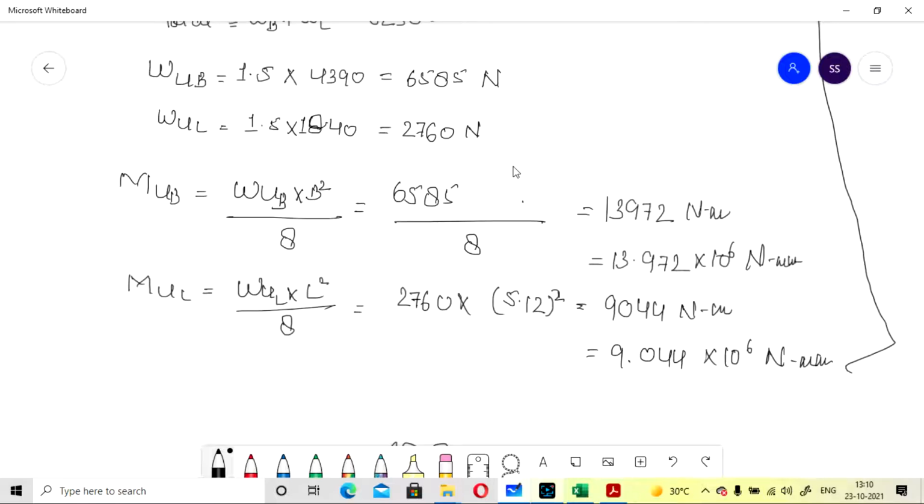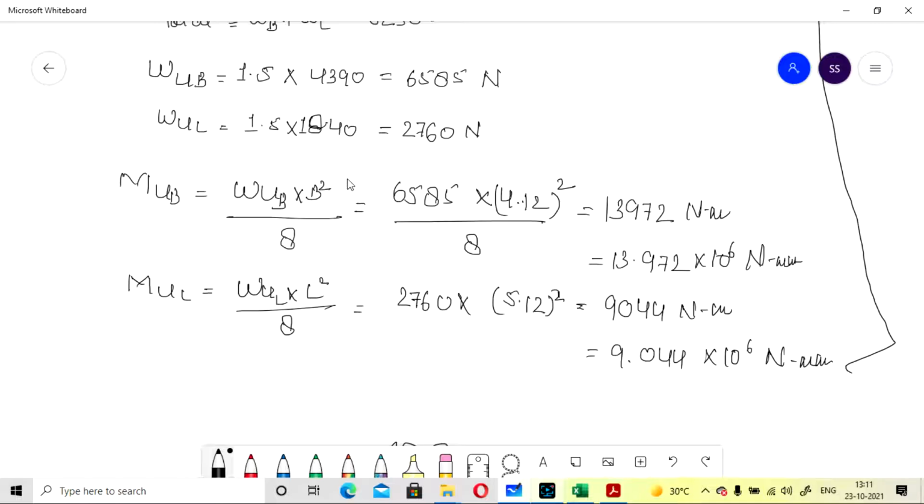So our value of WU B is 6585 and our B is 4.12. This is for the shorter span. Our value is calculated as 13972 Newton meter, and if we convert to Newton mm, the value will be this.